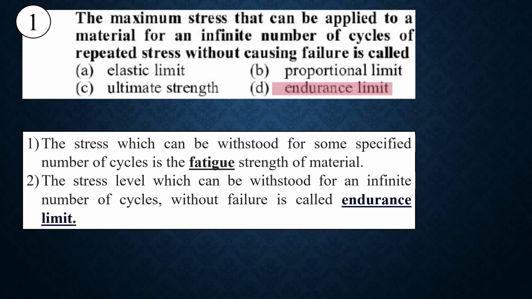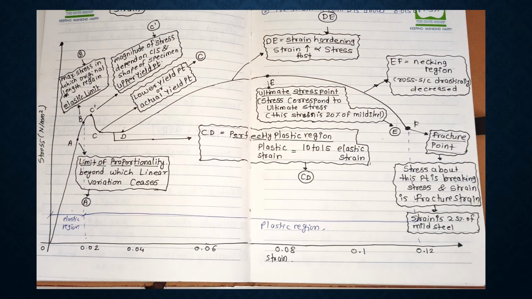So let's discuss the remaining options here. This is the graph of the stress strain curve. Here stress is nothing but the internally applied force with respect to a particular cross sectional area, and strain is nothing but the change in length to original length, or change in cross section to original cross section.